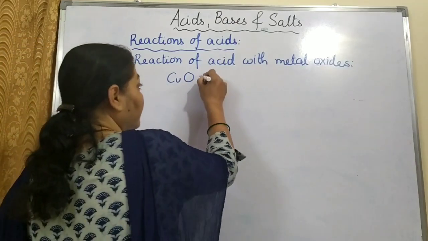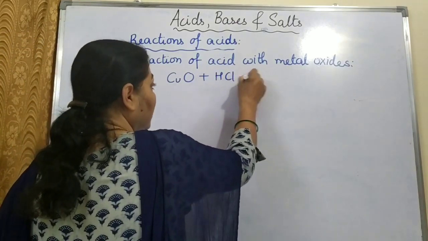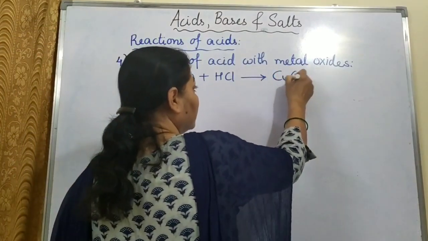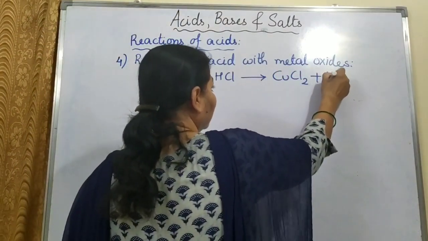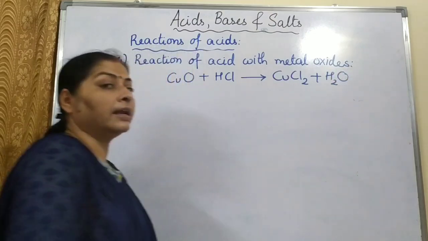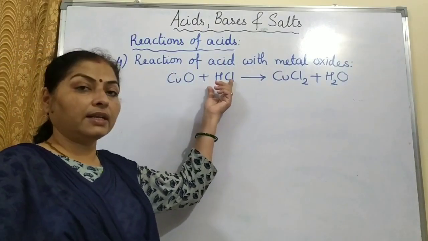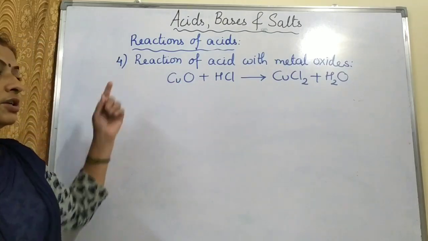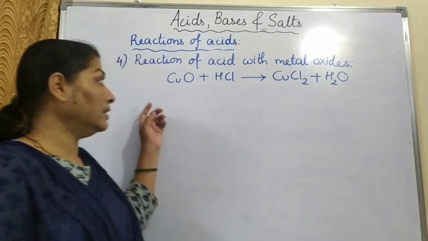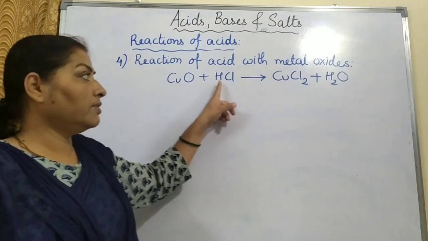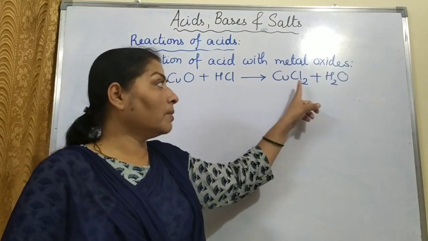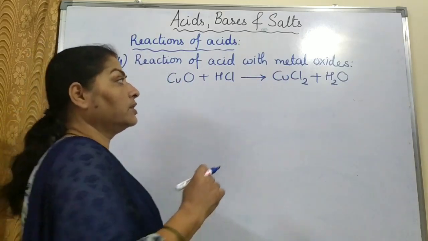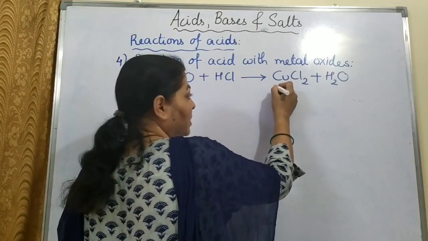If we treat it with an aqueous solution of HCl, it will form copper chloride, CuCl2, and H2O. Right now I don't have HCl to show you this activity, but it is also given as an activity in your textbook, under the heading reaction of acid with metal oxide. If we pour HCl on copper oxide, it will form copper chloride, and the salt solutions of copper, as we know, are generally blue or greenish blue in color.